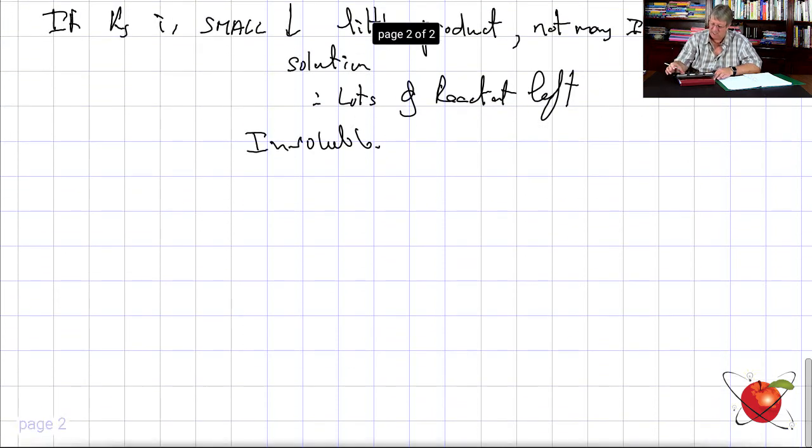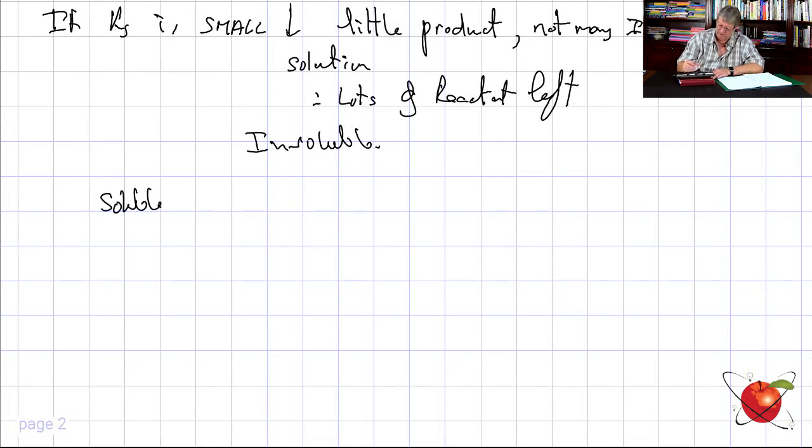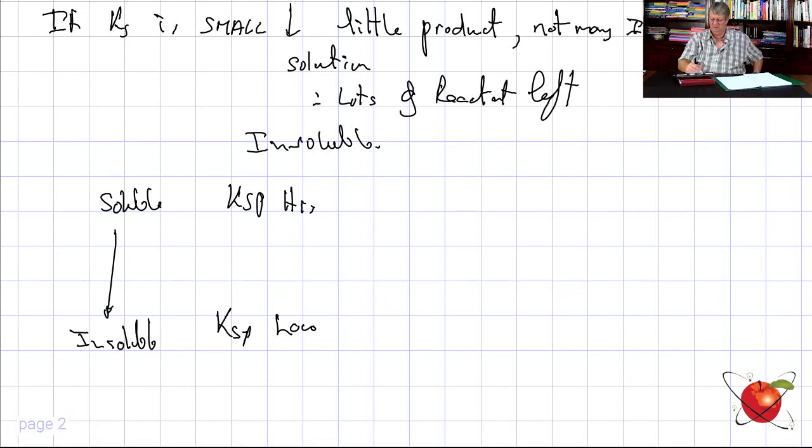Thus, you can say soluble: Ksp high, insoluble: Ksp low. That's how it works.